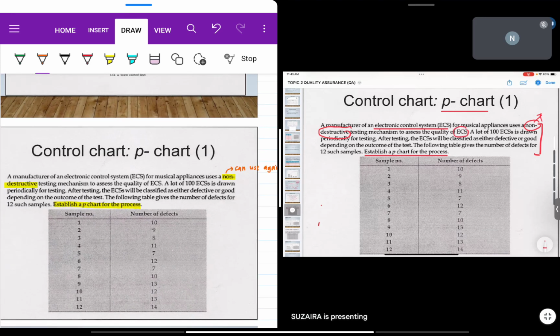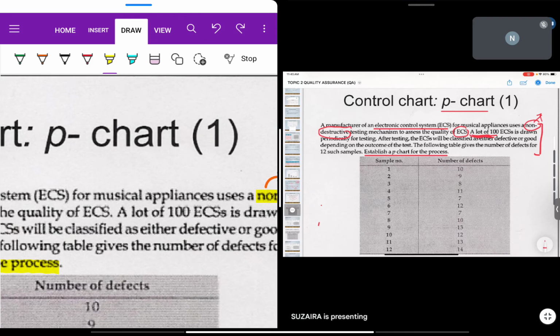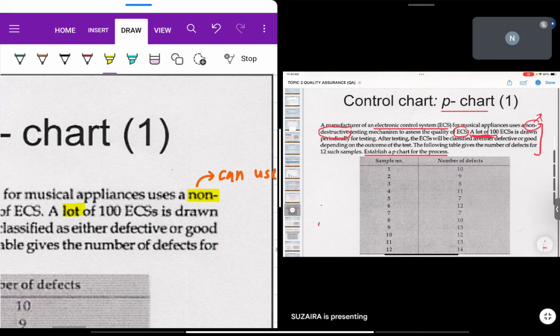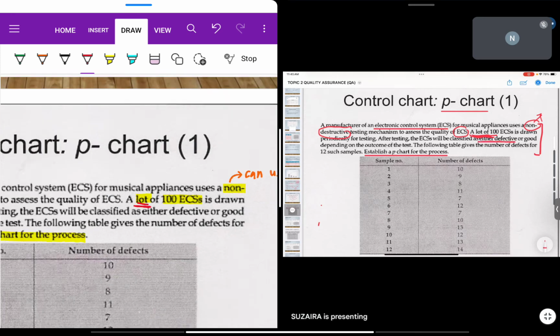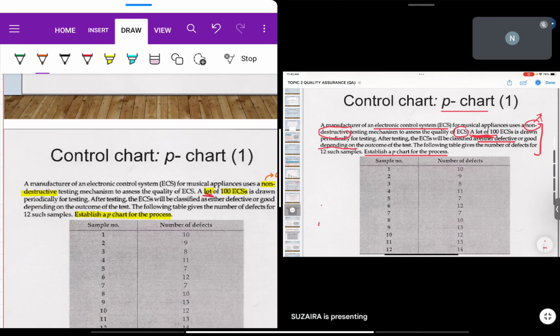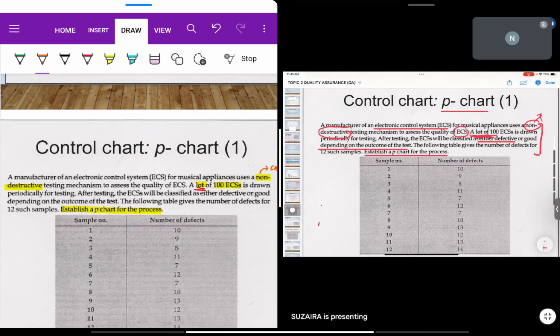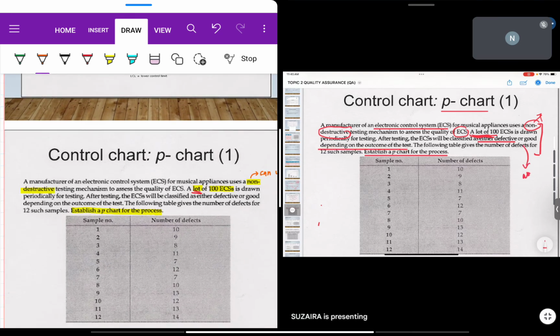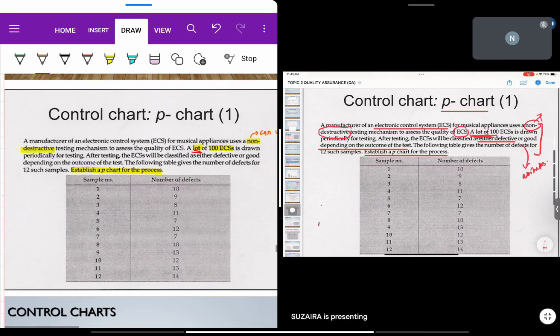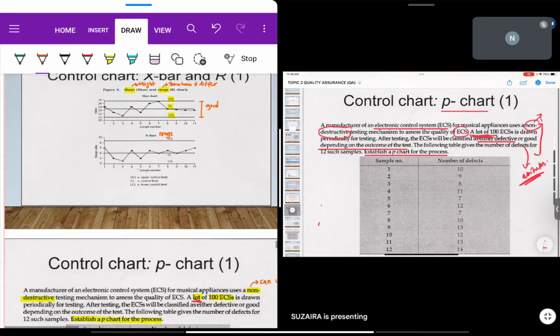A lot, remember, a lot. So this one underline, a lot. A lot of 100 ECS is drawn for testing. After testing, the ECS will be classified as either defective or good depending on the outcomes of the test. So this one is more towards the attributes. You want to know whether the whole lot is good or bad.